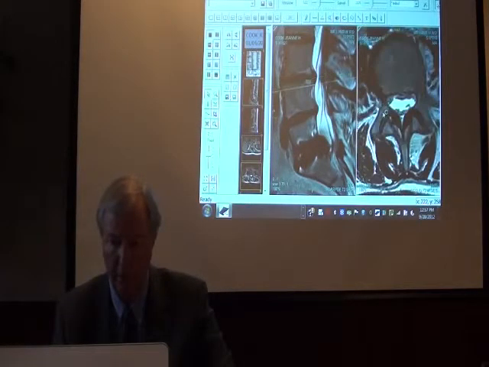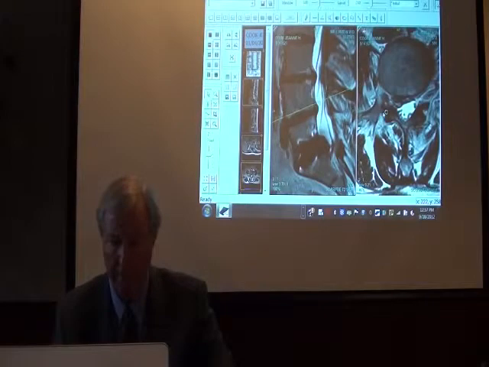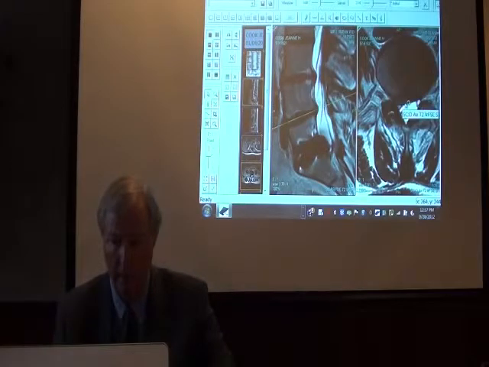As we go further down, we're getting near the L4-5 disc. The first thing you see on the cross-sectional view is all of this out here, which represents a larger L4-5 disc herniation on the right side. Again, you see it predominantly off to the right here.